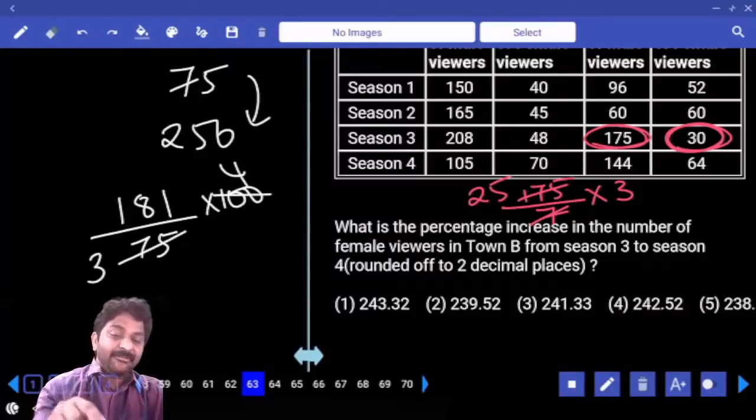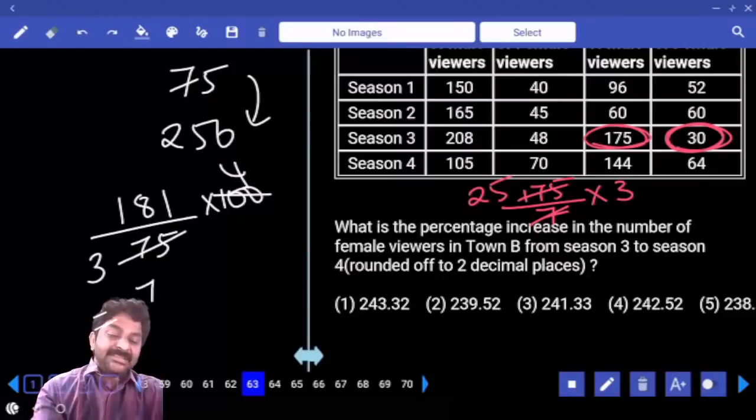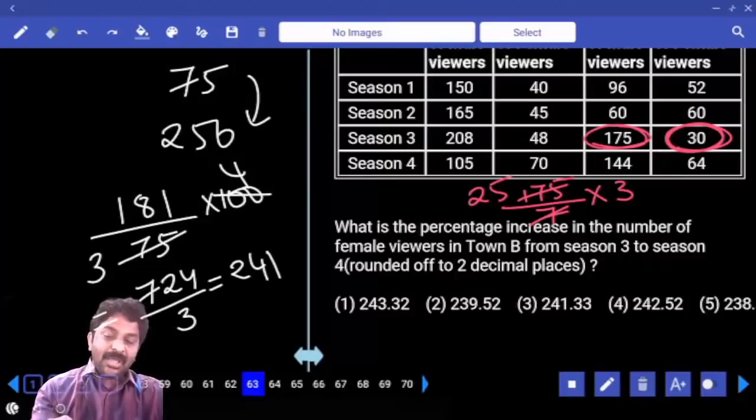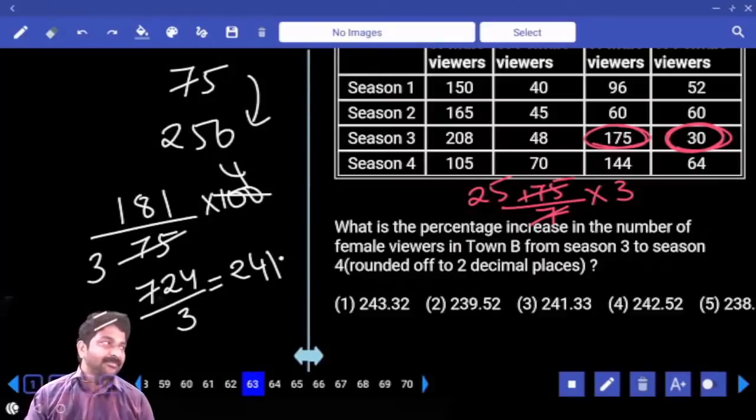Here it is 4 times. 181, 4 times. 181 double, 362. Again double, 724 divided by 3. How many times? 3, 2 times, 4 times. 241 point something. How many options are there? Only one. Third option final.